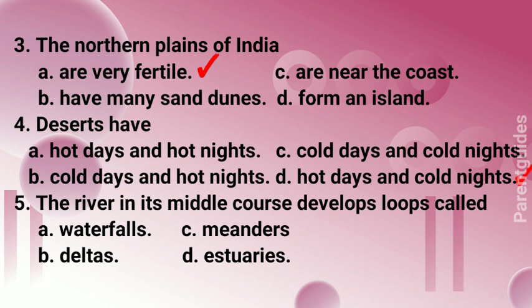Answer is D. Hot days and cold nights. 5. The river in its middle course develops loops called A. Waterfalls, B. Deltas, C. Meanders, D. Estuaries. Answer is C. Meanders.